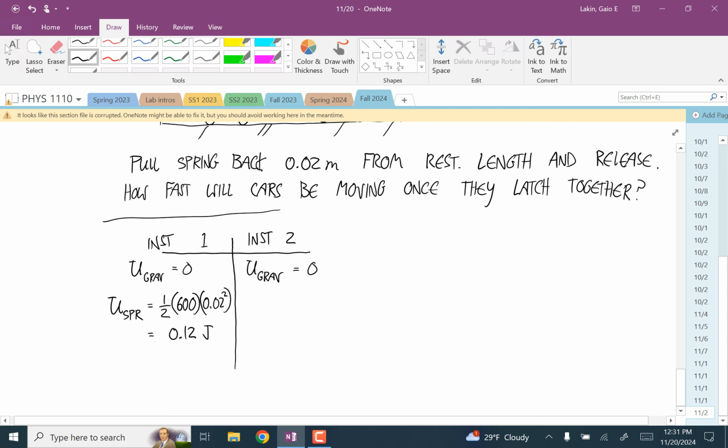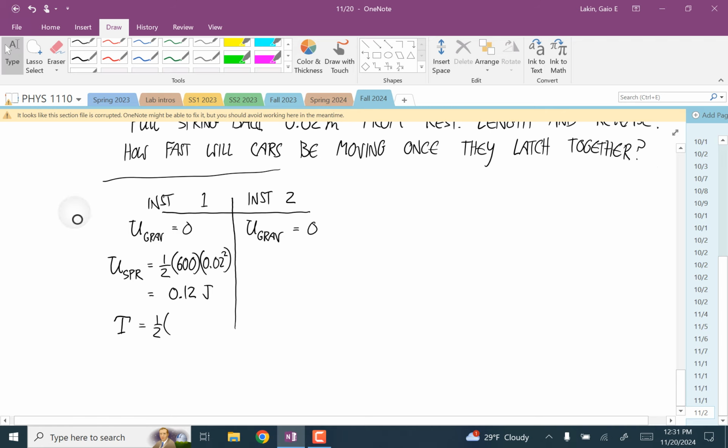And then we're releasing it from rest. So the kinetic energy is 1/2 times the mass of 0.2 times the speed of 0 squared. So this is just equal to 0.